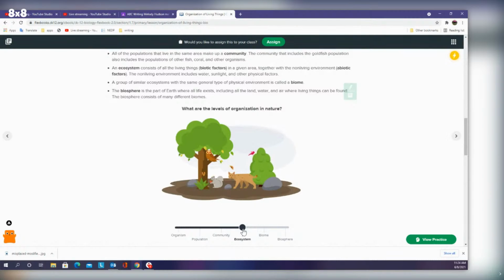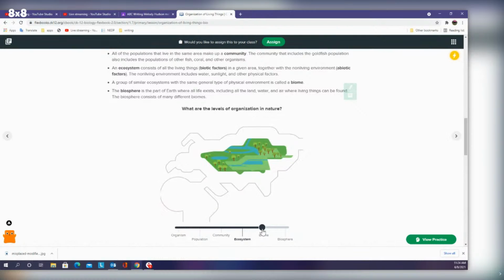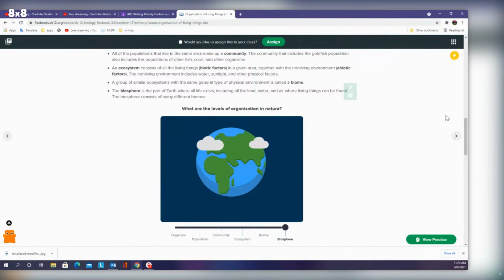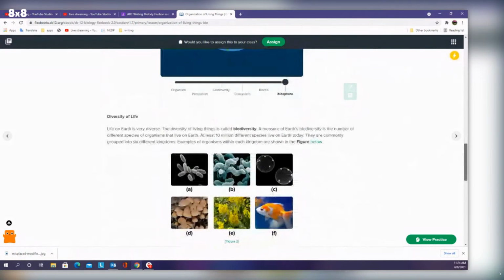And then we have the biome, which is a group of ecosystems within a given environment. That's a biome. And then finally, all of life on the earth creates a biosphere. So that's a pretty good review.